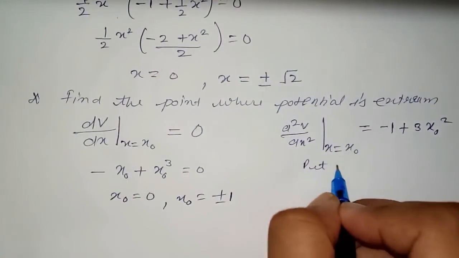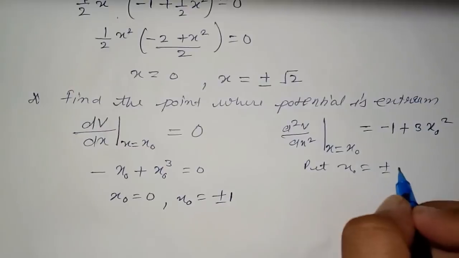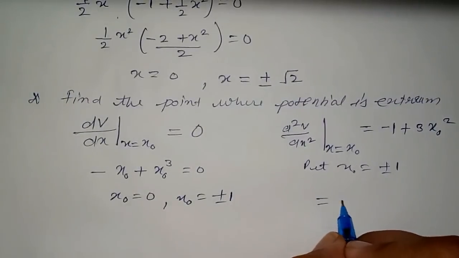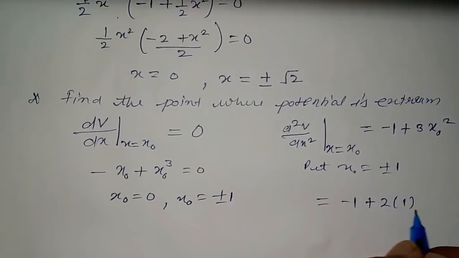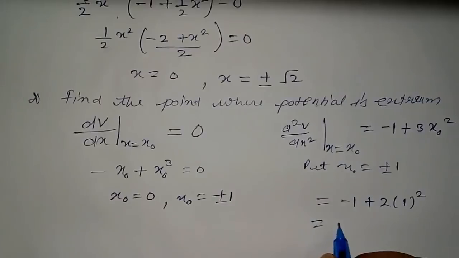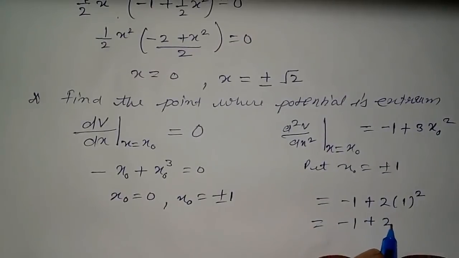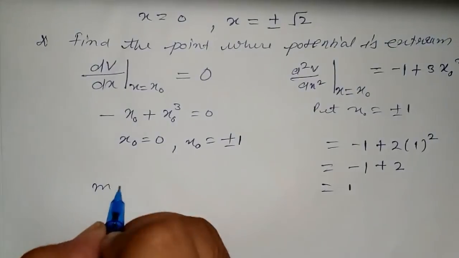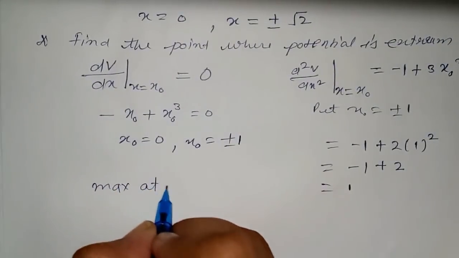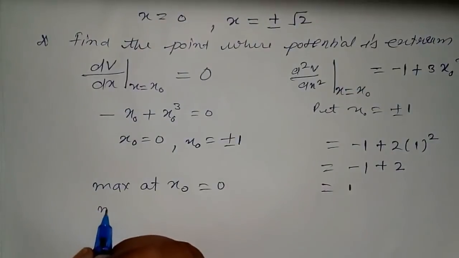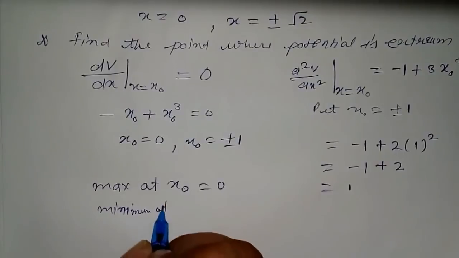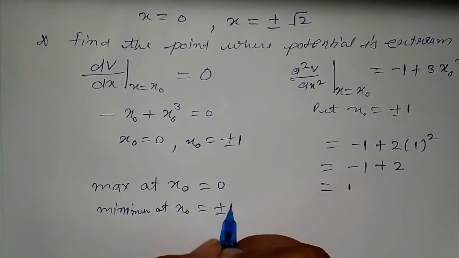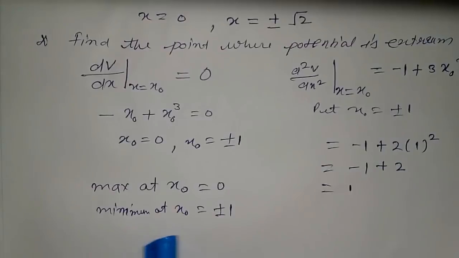Put x naught equal to plus minus 1 and the value is minus 1 plus 3 into 1 square, minus 1 and plus 3 is 2. So x naught is maximum at 0 and minimum at plus minus 1.